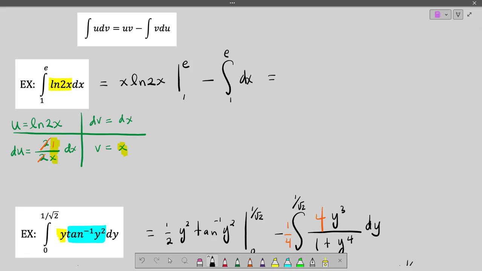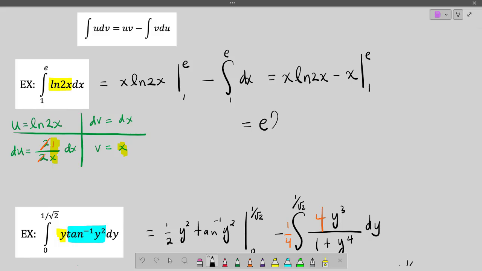You could evaluate this front function on the interval 1 to e right away if you want. I find it easier just to do all the evaluation at once. When we integrate this, the integral of dx is x from 1 to e. Then we'll substitute our upper limit of e.